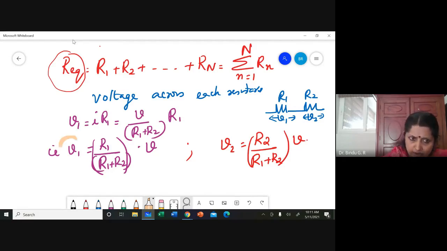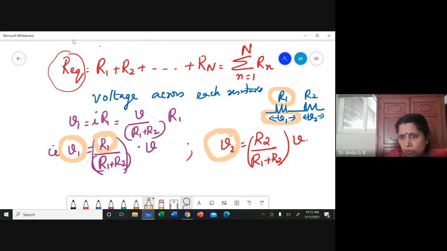So V1, the voltage drop across R1, is proportional to R1, and the voltage drop across R2, that is V2, is proportional to R2.